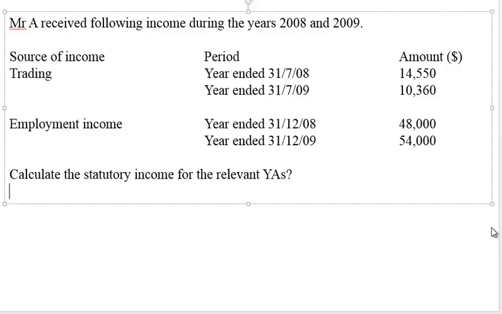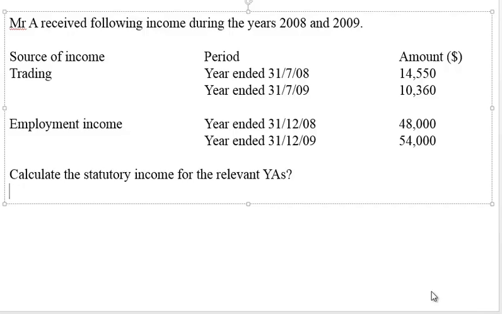So how do we calculate? How much will be the statutory income for both years? You know the basis period: how is trading income assessed? On the accounting year end basis. Employment income is non-trading, so it will be assessed on calendar year basis.